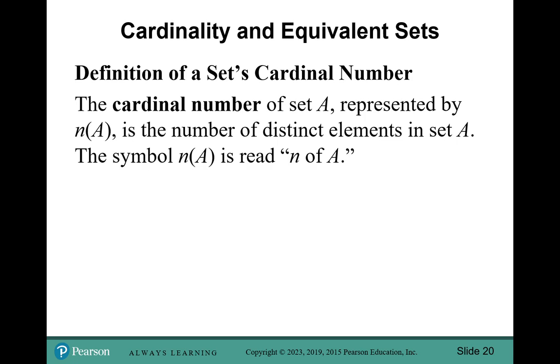Let us look at another definition here. Cardinality and the equivalent sets.